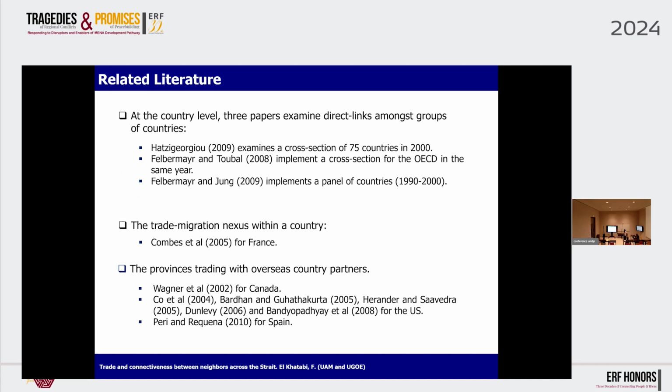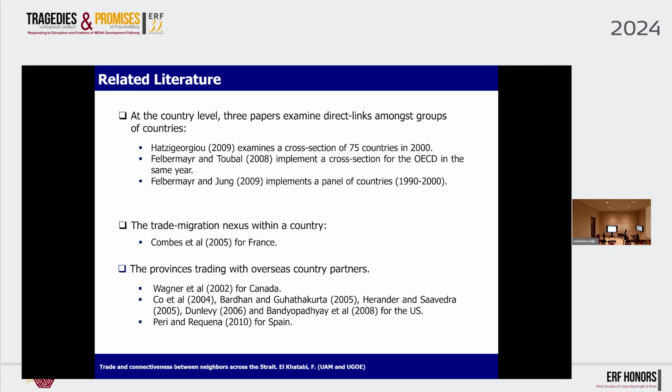Within a country, we can find, for example, an example for France, which is Combes et al. And then the provinces' trade with overseas partner countries: for Canada, many examples; for the United States; and for Spain, we have Peri and Francisco Requena. The thing is that all this related literature specifies the importance.